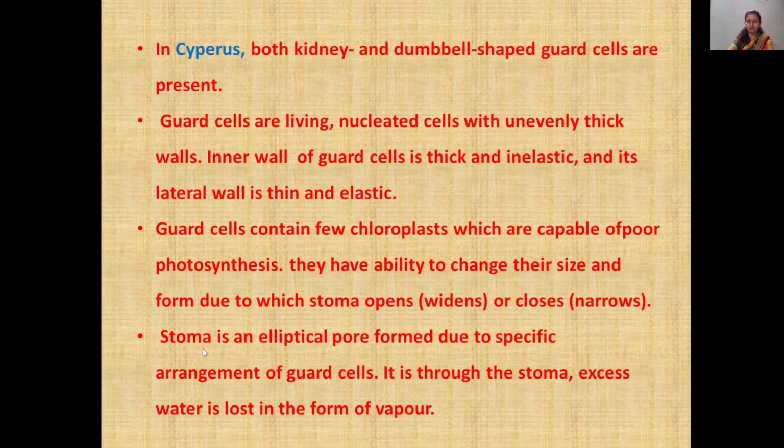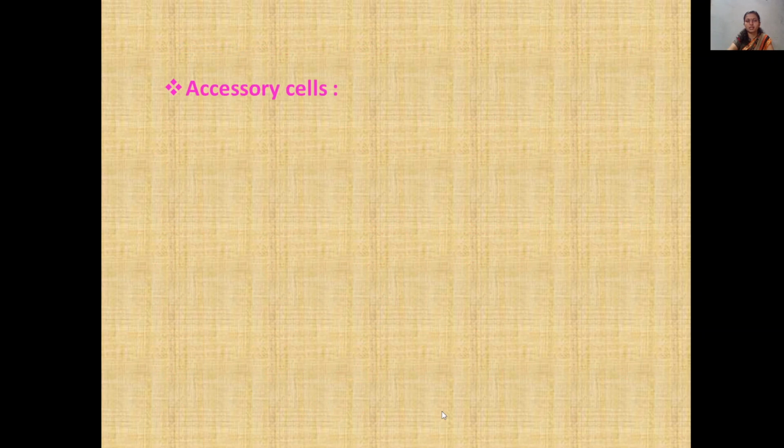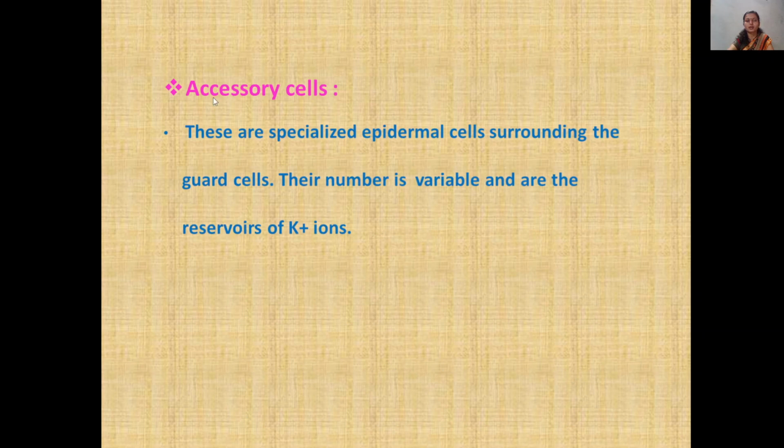Next, stoma is an elliptical pore formed due to specific arrangement of guard cells. It is through the stoma that excess water is lost in the form of vapor. Go to the next slide.